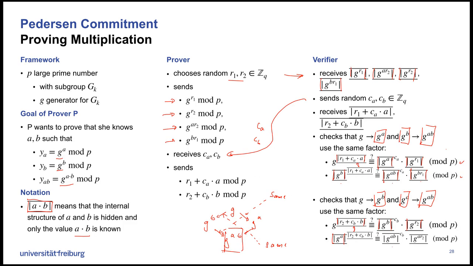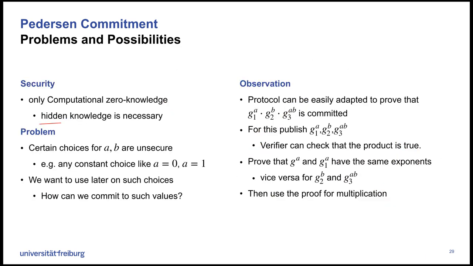Okay, so this is nice because now you can prove multiplication. Can you? And is it really secure? Well, you should be careful, because if you want to prove that you have some secret number g to the a times b, and a is equal to 0, you can see the result.